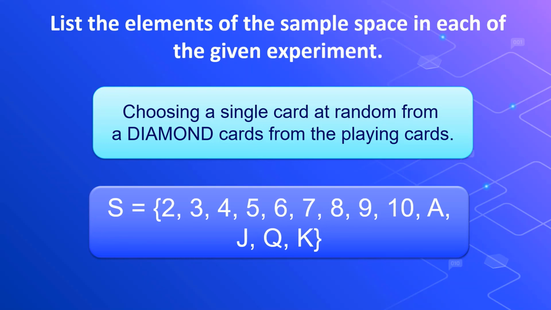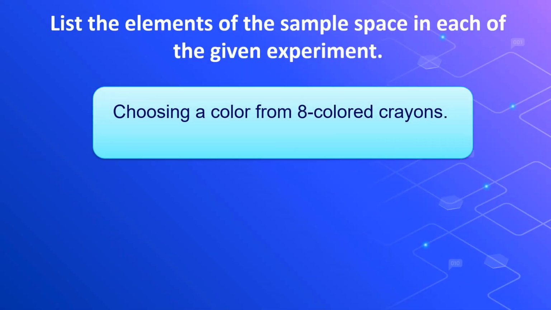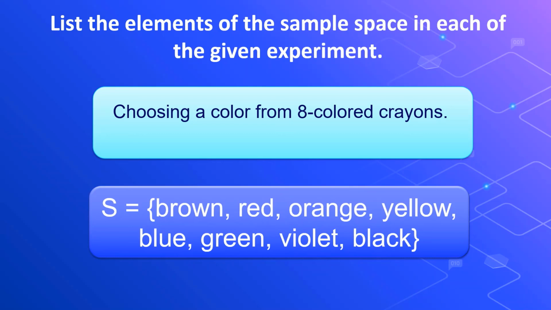And then we have the Ace, the Jack, the Queen, and the King. In choosing a color from 8 colored crayons, the sample space is brown, red, orange, yellow, blue, green, violet, and black.